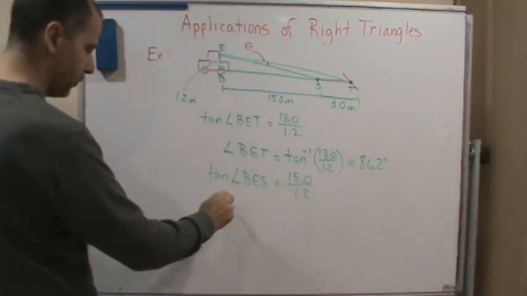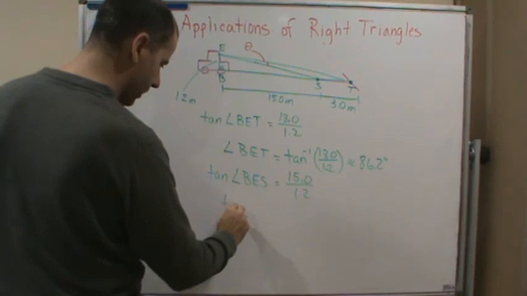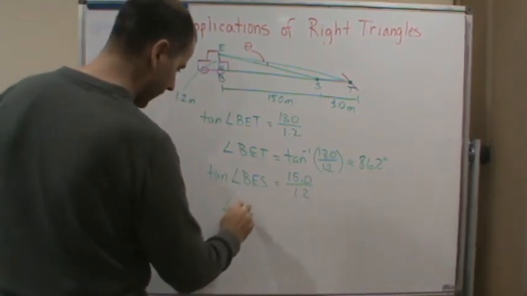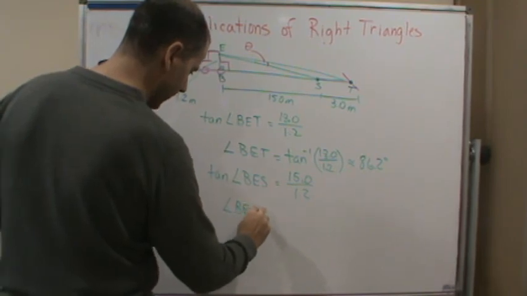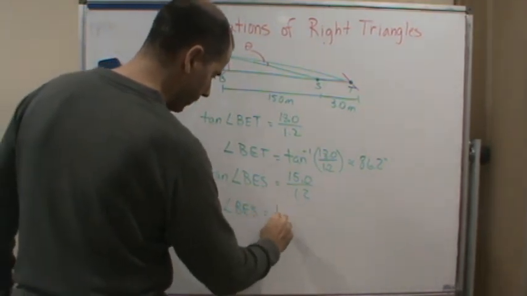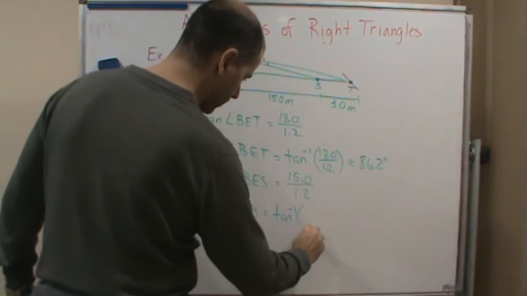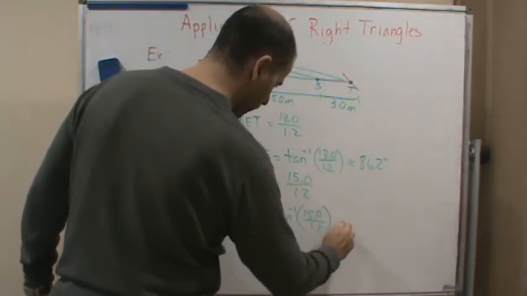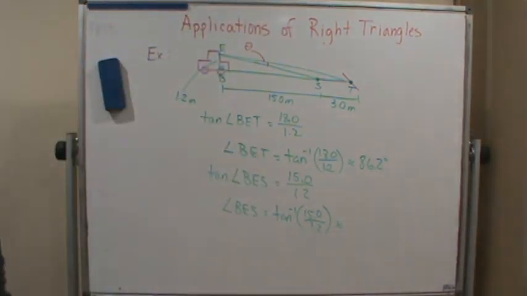Now if I take the inverse tangent of both sides, angle BES equals inverse tangent of 15.0 divided by 1.2, and this gives us an approximate angle of 85.4 degrees.